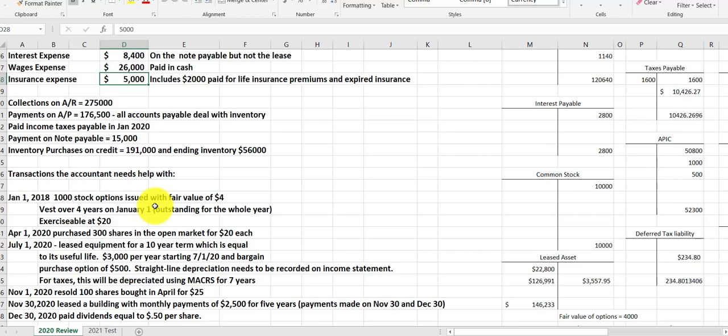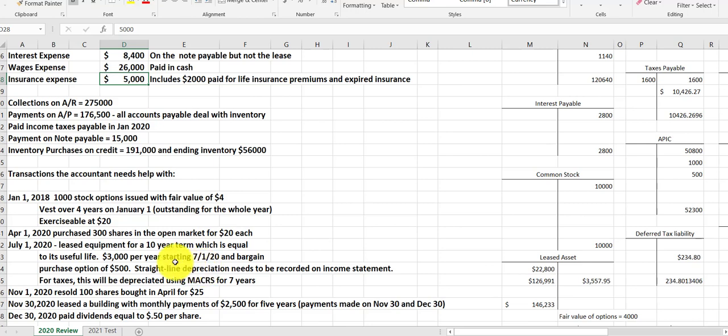These were originally done for 2018, so we're at 2020. So $1,000 is going to be a debit to compensation expense and a credit to additional paid in capital. We buy back treasury stock, debit treasury stock, credit cash for 300 times 20.